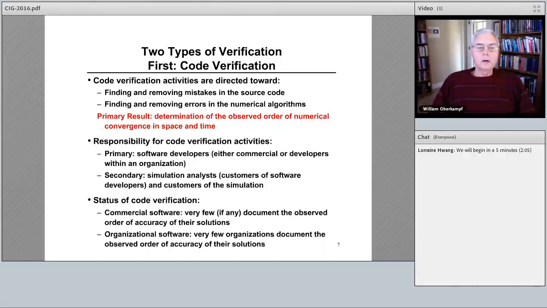So if you are not doing observed order of accuracy testing on your software, please look into these topics, because that is the real proof. We often say we have second order or fourth order accuracy, but those are all claims of the numerical method, whereas a code's observed order is actually a demonstration of what it is.